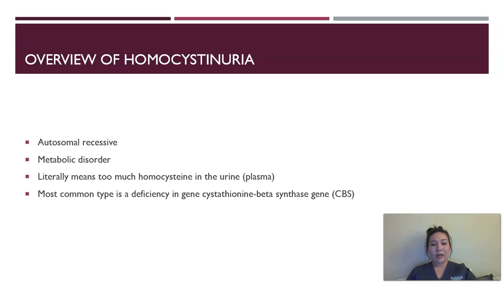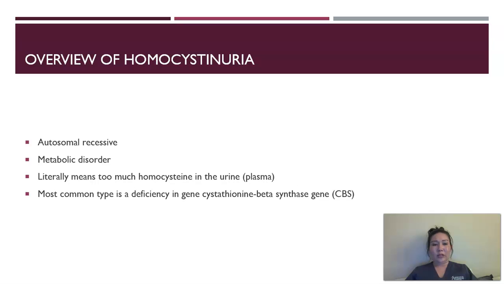So the most common type of this disorder is caused by a mutation in the CBS gene, the cystathionine beta synthase gene. That gene is responsible for producing the CBS enzyme, the enzyme with the same name. That enzyme acts in a chemical pathway and is responsible for converting homocysteine to cystathionine.